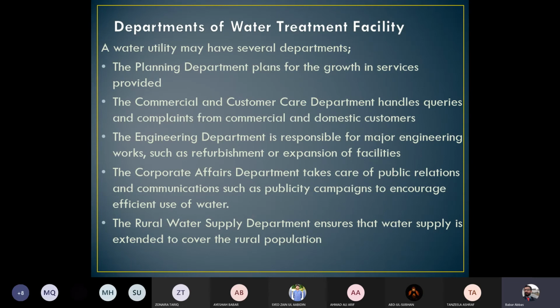The engineering department is responsible for major engineering works such as refurbishment or expansion of the facility. The corporate affairs department takes care of public relations and communication, such as publicity campaigns to encourage efficient use of water. The rural water supply department ensures that water supply is extended to cover the rural population.